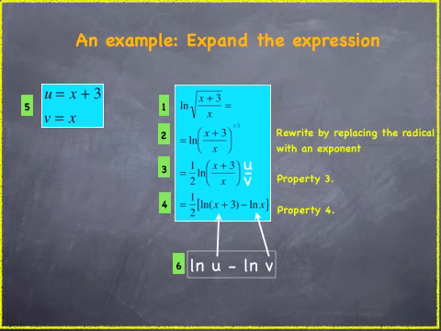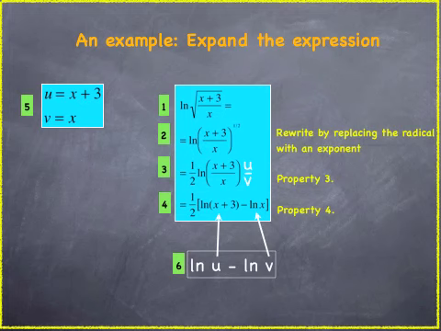In step 4, well, go back to step 3. I've basically shown the numerator to be u and the denominator to be v. x plus 3 is u. If you go over to 5, you'll see I've written that out for you. The reason is that if you go to step 3, you can see we have 1/2 times the natural log of, really it's u over v, and that's a fraction.